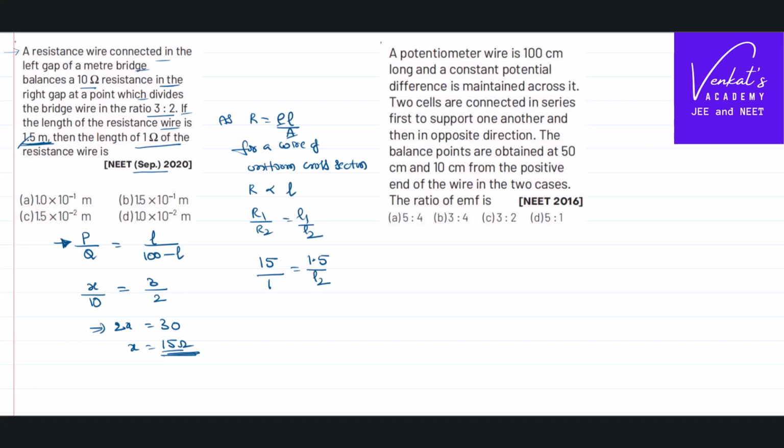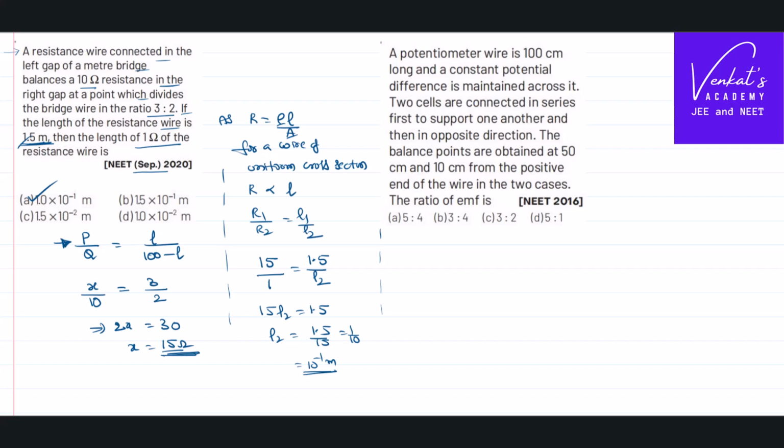This is not linked with meter bridge anyway, it is common sense, right. So, now I can say 15 L2 equal to 1.5, L2 equal to 1.5 by 15, that is 1 by 10, that is 10 power minus 1 or 0.1 meter. That is the answer for the problem. That is a simple question.